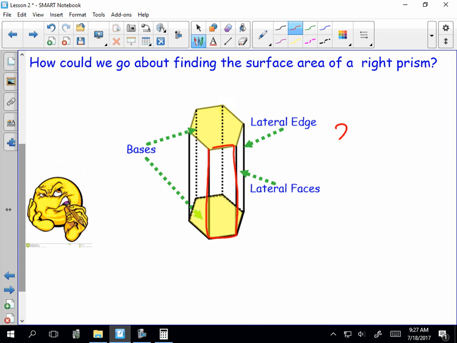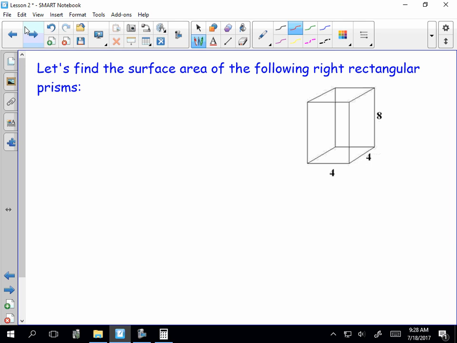I would need two areas of the hexagons. And then as we look at the wraparound shape, we would need 6 areas of the rectangles that wrap around the outside. So if we have 2 hexagons, 6 rectangles, we add up all of that measurement and we would get the surface area of this prism.